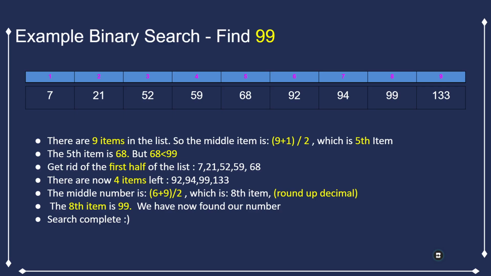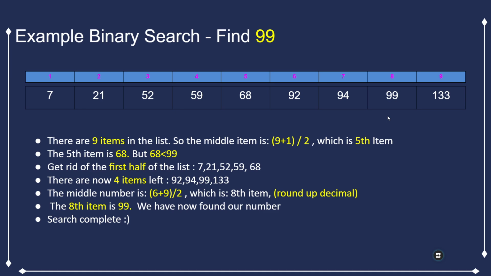Don't round up 7.5 to 8 one time, and next time do 7.5 equals 7. Don't do that. Either you round up or round down, right? So if you round up, it gives us the eighth item. The eighth item is 99. So now we are checking if it is the item we're looking for. The answer is yes. We're looking for that number.